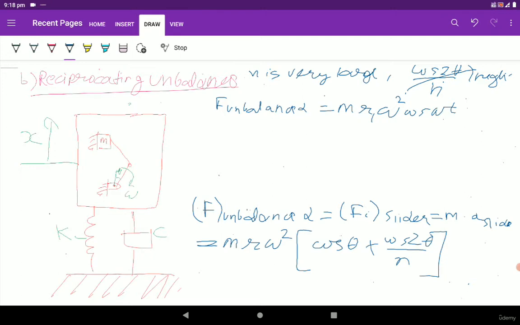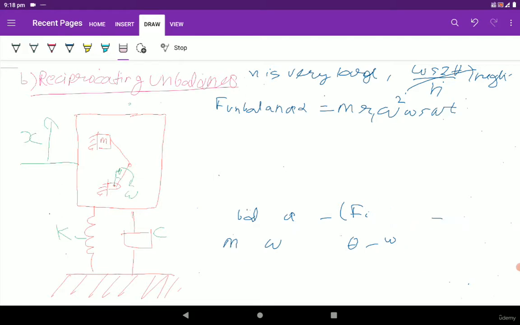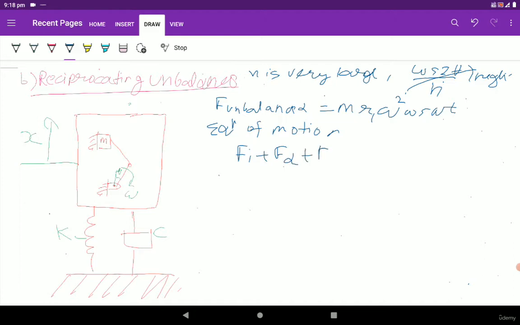So let's now use the equation of motion. By using the equation of motion, which is F inertial plus F damped plus the force due to spring is equal to F unbalanced.